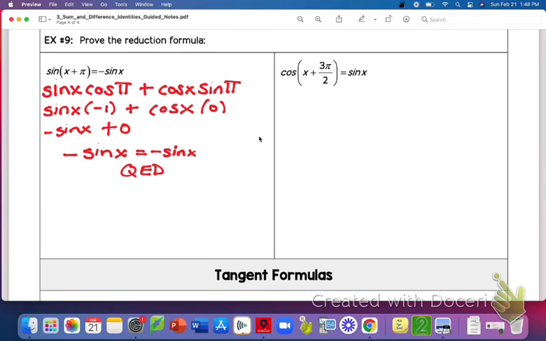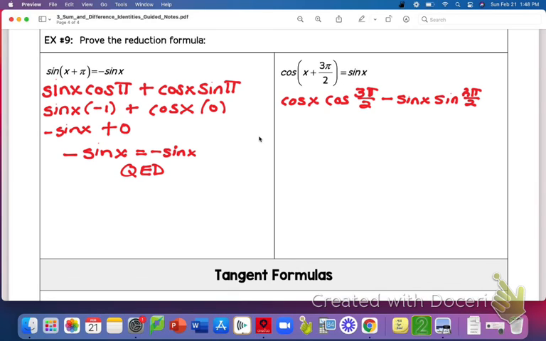For this one, cosine of x plus 3/2 pi, we want to make that equal to sine of x. So that gets me the cosine of x, cosine of 3 pi over 2, minus sine of x, sine of 3 pi over 2. So cosine at 3 pi over 2, that puts me down at 270, right?